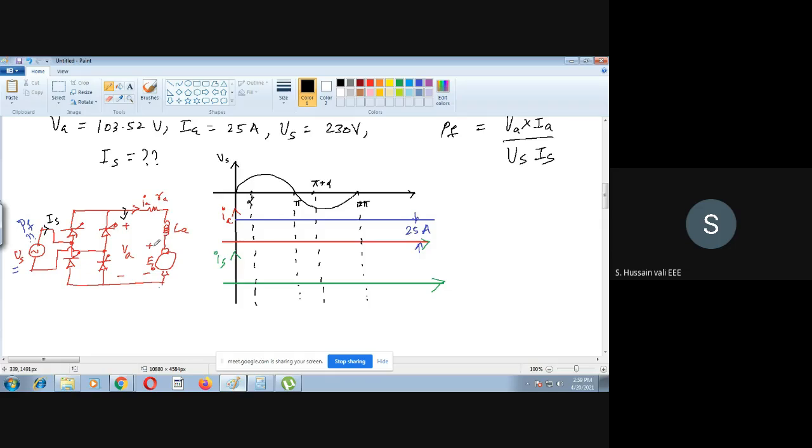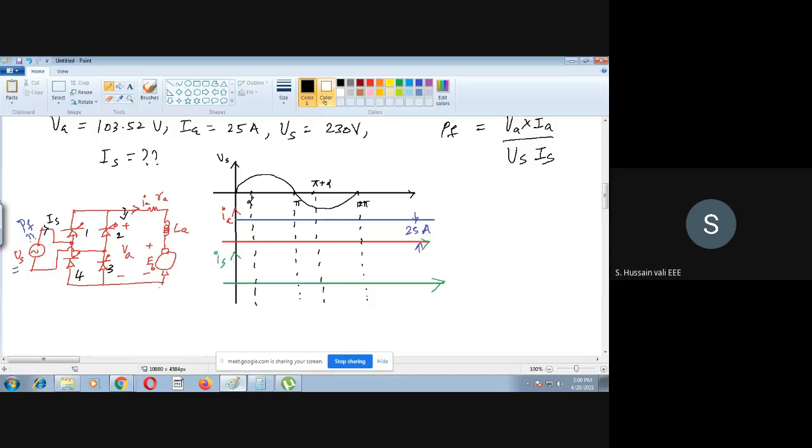If you recall very well, in the continuous conduction, you have thyristor 1, thyristor 2, thyristor 3, thyristor 4. First, thyristors 1 and 3 will be on for the positive half cycle. That is, at alpha, you trigger thyristors 1 and 3.